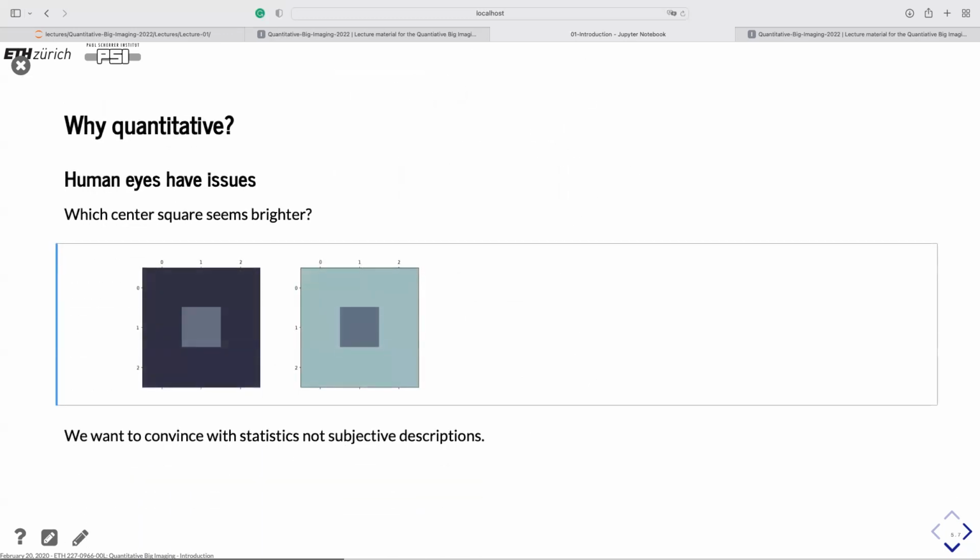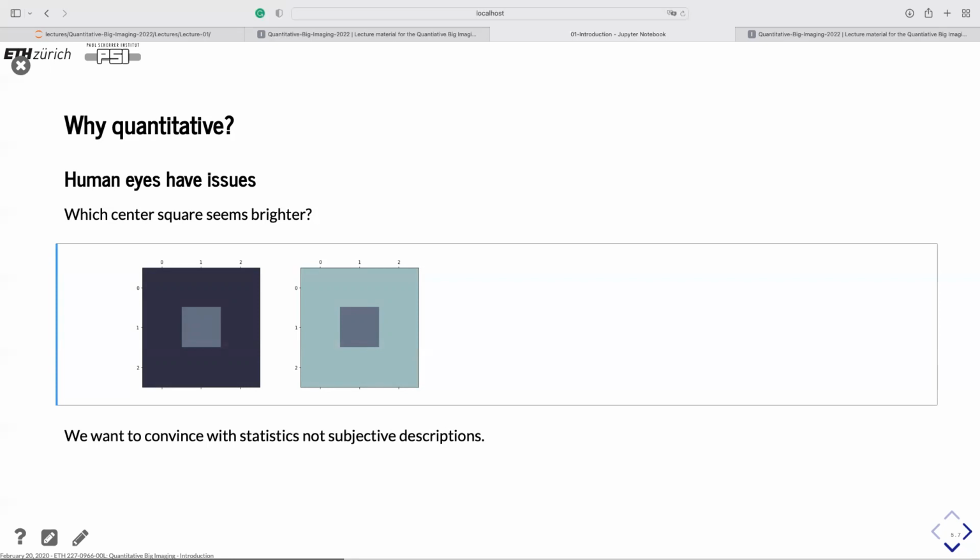And looking at this picture, you probably have seen similar things before. There's an optical illusion. And the question is here, without measuring, which of the center squares is brighter? If you've done this test before, you probably know already they are the same.